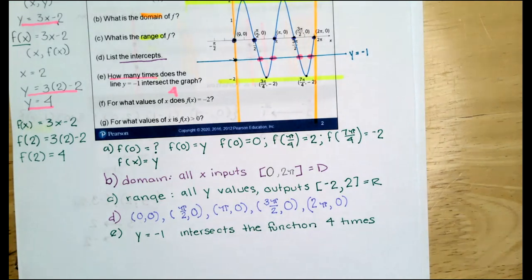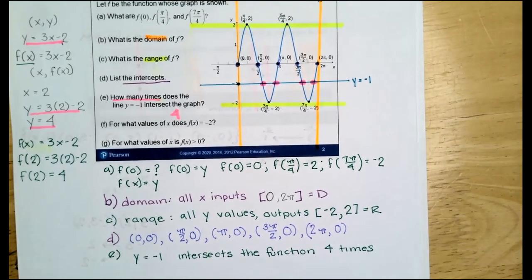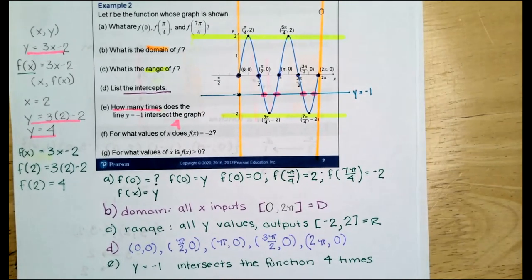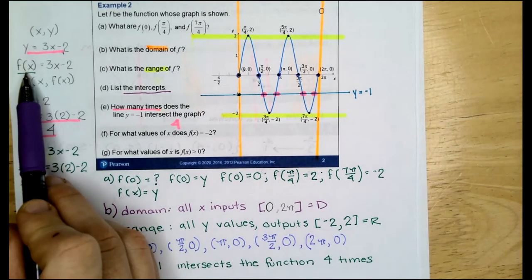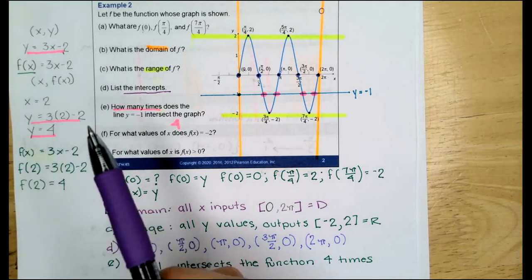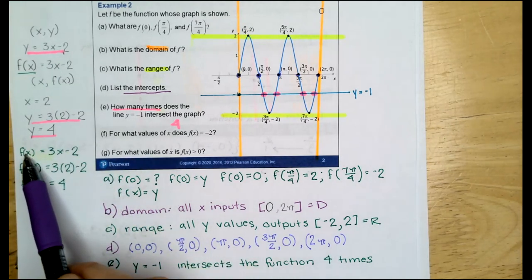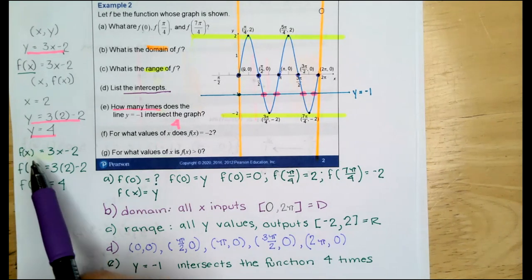F asks us, for what values of x does f of x equal -2? Okay, let's go back and look at A. A said, what are f of 0, f of pi over 4, and f of 7 pi over 4, right? When you replace x with a number, like over here, f of x equals 3x minus 2, that is considered an input.